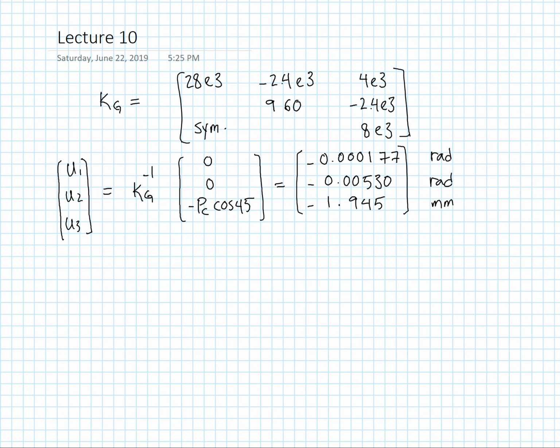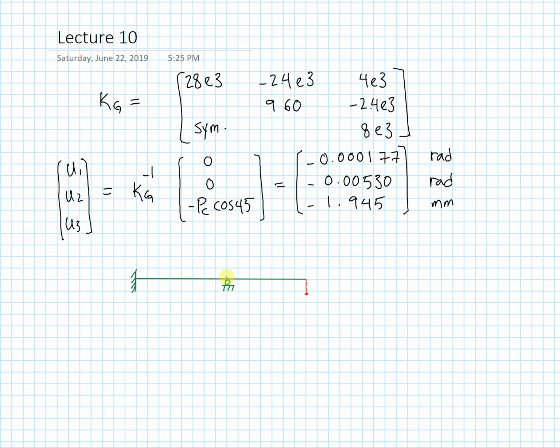So let's briefly, or very quickly, draw our undeformed structure and then deform it to see if everything looks good. So we had this kind of boundary condition and this roller here. And based on the results, we identified that this node here is going down.